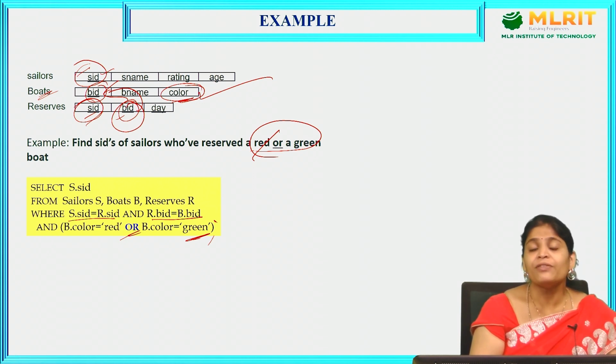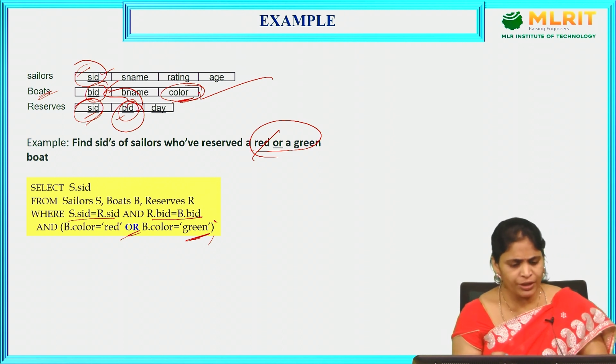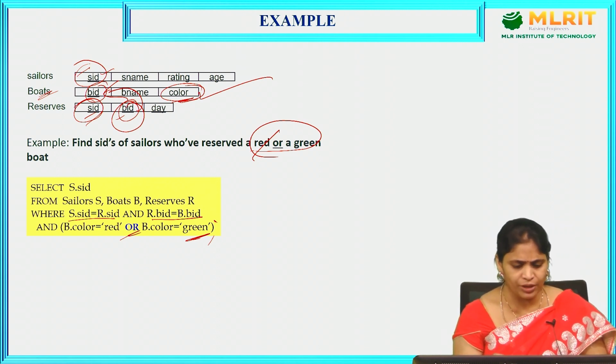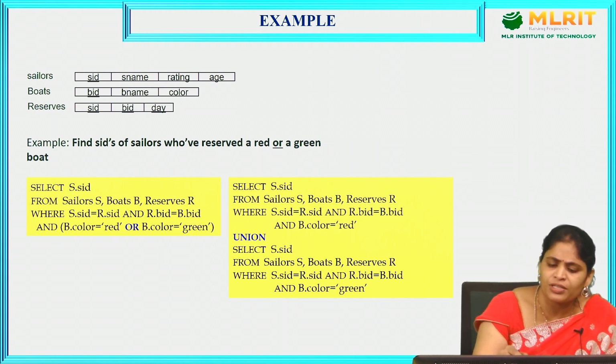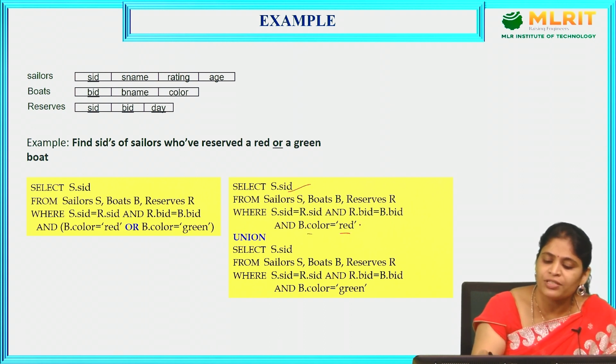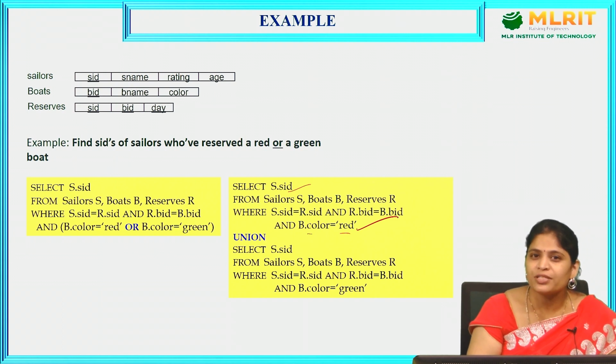But here we are dealing with union, intersection operators, right? So, by using these logical operators, we can write the query. By using union operator, how should we represent it? Select SID from sailors who have reserved red boat, first.